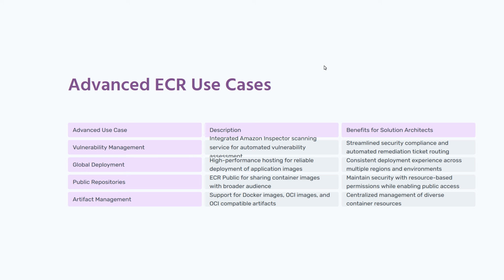Fourth, artifact management: support for Docker images, OCI images, and OCI-compatible artifacts, with centralized management of diverse container resources. So that is what we discussed: Elastic Container Registry, the managed service provided by AWS.